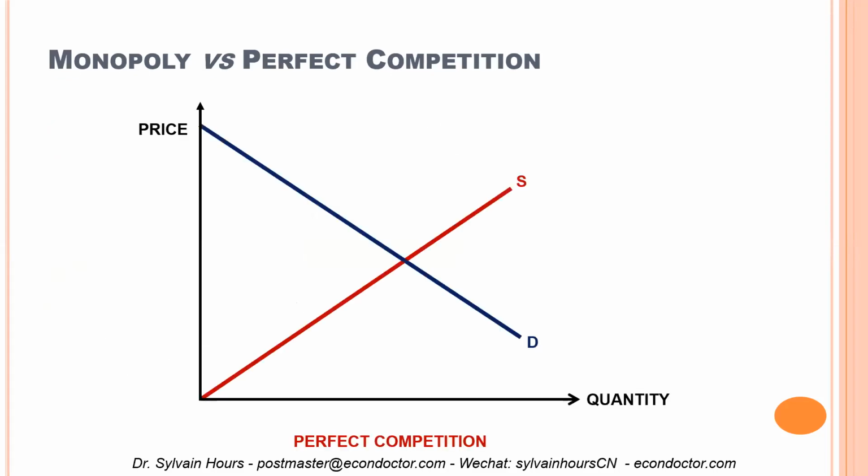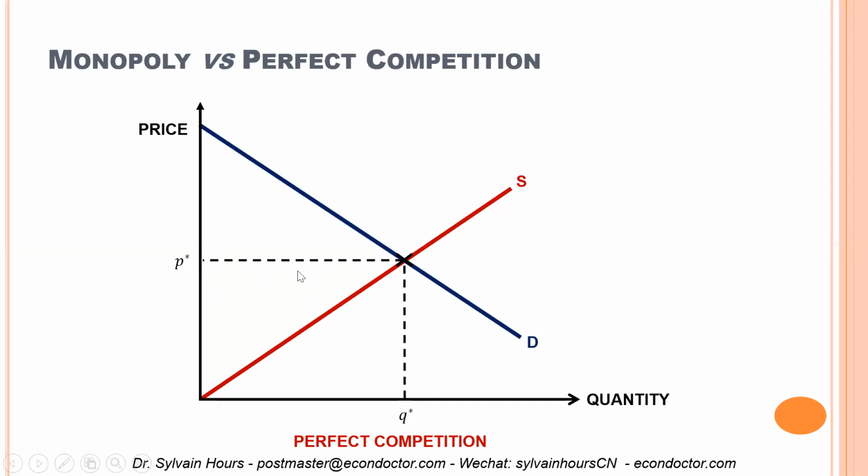Let's start with the initial situation where we have this perfectly competitive market. In this market, you have the market supply, S, the market demand, D, and the market forces of supply and demand are going to determine the equilibrium price, P star, and the equilibrium quantity, Q star. Now let's identify consumer surplus, producer surplus, and total surplus.